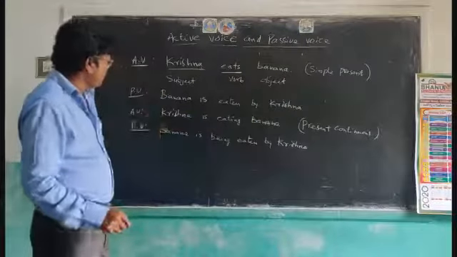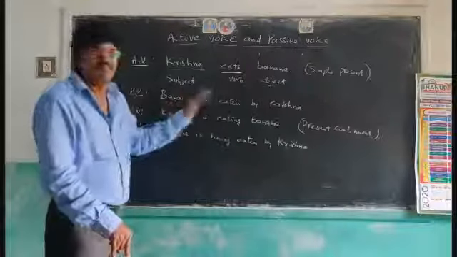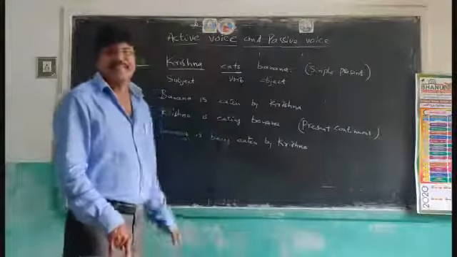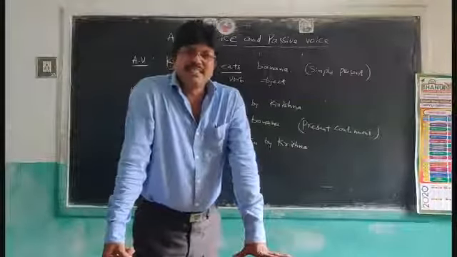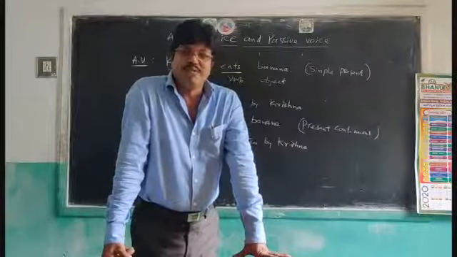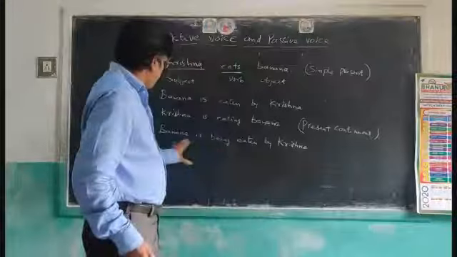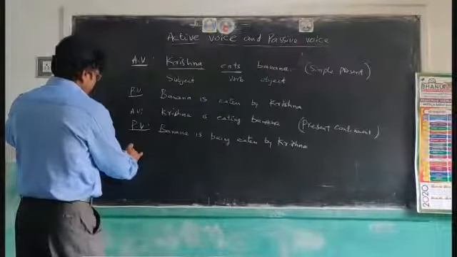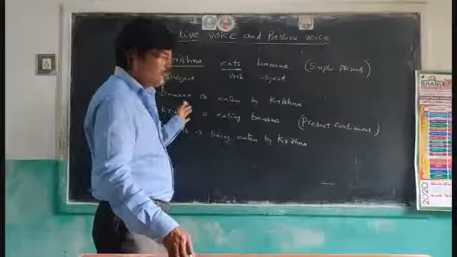What is the change? Only the change is in the verb: is eaten, is being eaten. The change is only in the be form and the verb. Next, the active one. Same sentence, but the tense changes.